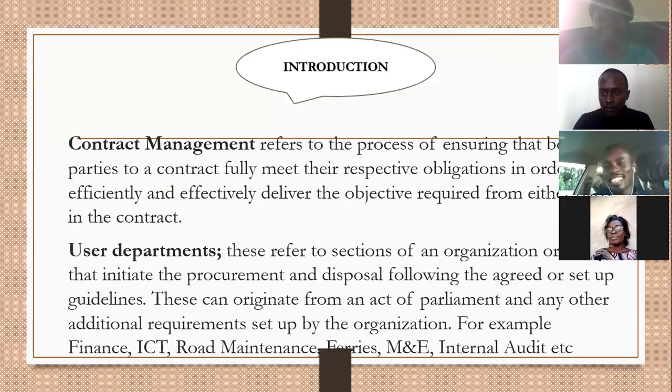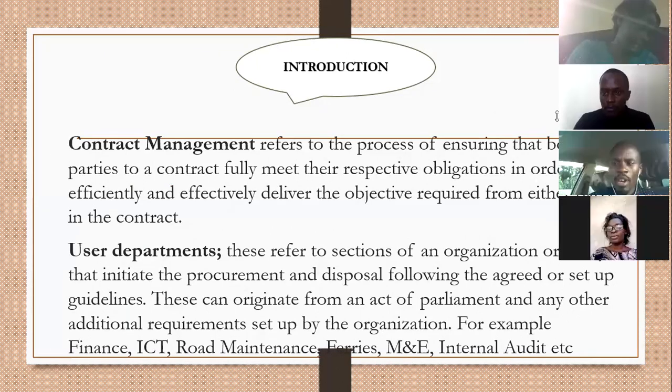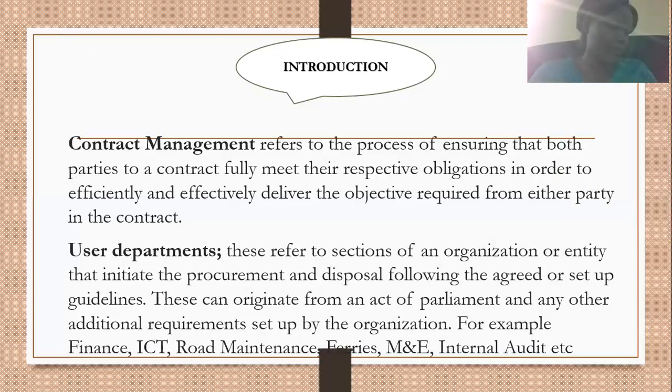Let us start with our introduction by defining the key terms. Contract management refers to the process of ensuring that parties to the contract fully meet their respective obligations and efficiently and effectively deliver the objective required from either party in the contract. The other term is user departments.